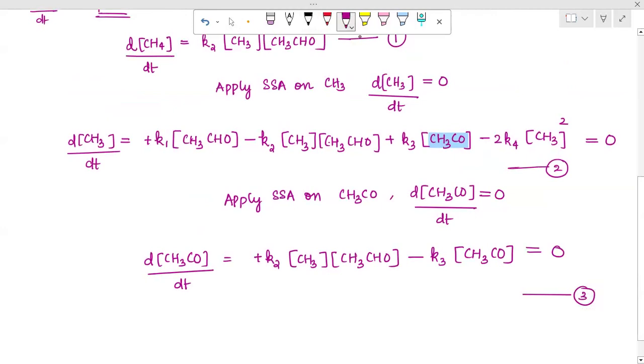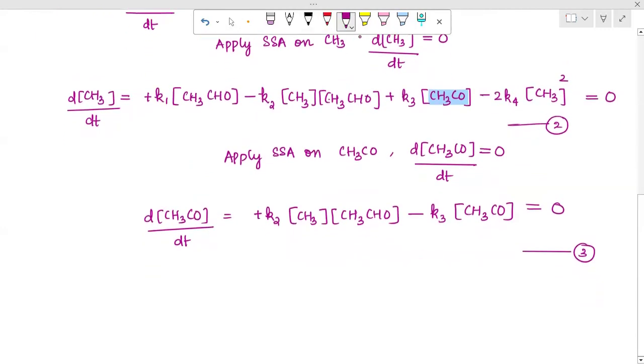Now, a very important step. For the sake of simplicity, what I'm going to do over here is add 2 and 3. If I add 2 and 3, see what is going to happen. The second term, minus K2[CH3][CH3CHO] plus K2[CH3][CH3CHO], will get cancelled.